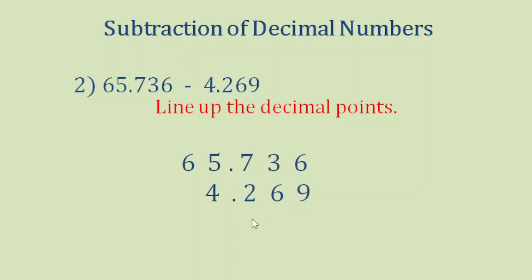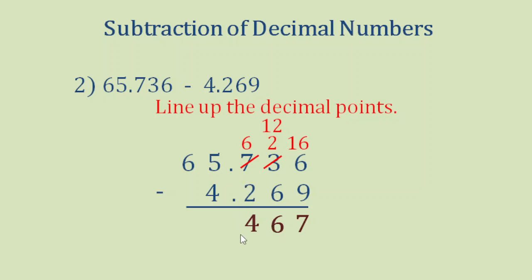Now we will start subtracting. We subtract the corresponding digits from right to left. 6 minus 9 cannot be because 6 is less than 9, so we borrow 1 from 3, so this 3 becomes 2, and this 6 becomes 16. 16 minus 9 is 7. 2 minus 6 cannot be because 2 is less than 6, so we borrow 1 from 7, so this 7 becomes 6, and this 2 becomes 12. 12 minus 6 is 6, and 6 minus 2 is 4.